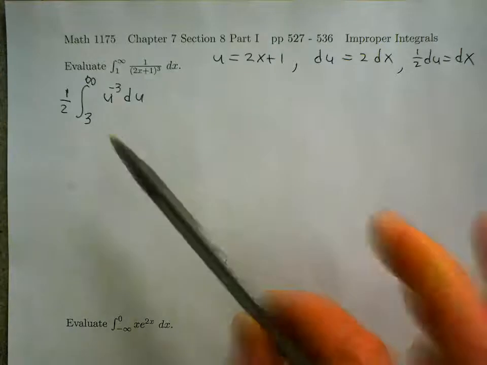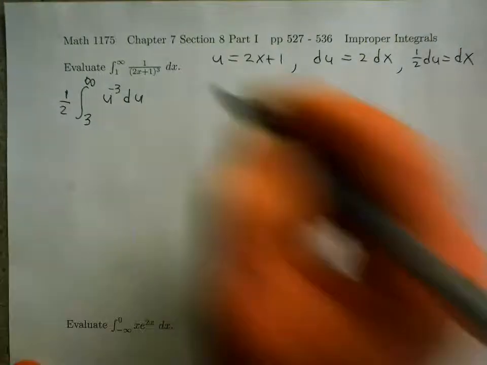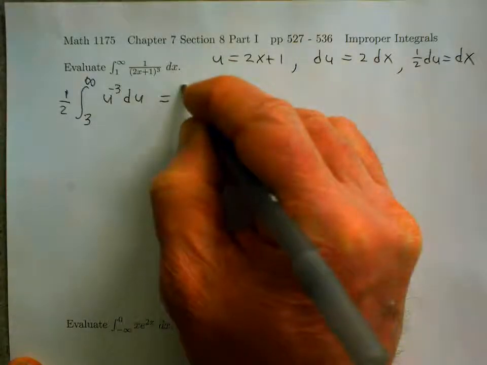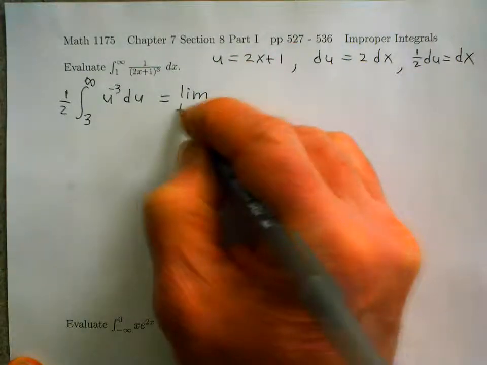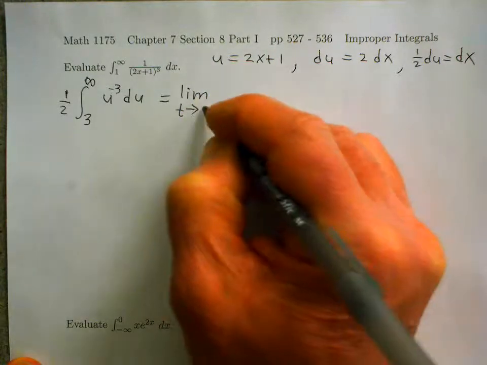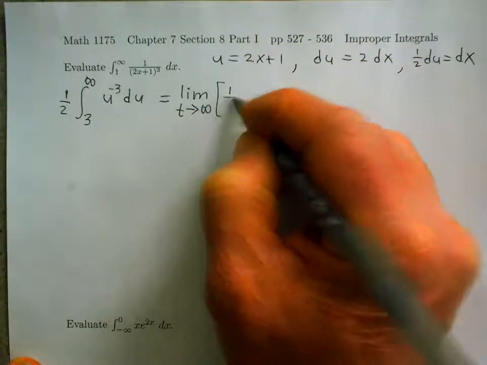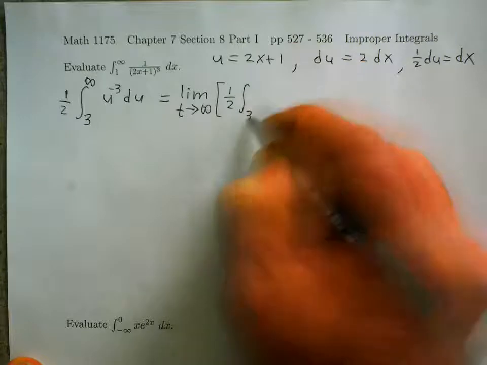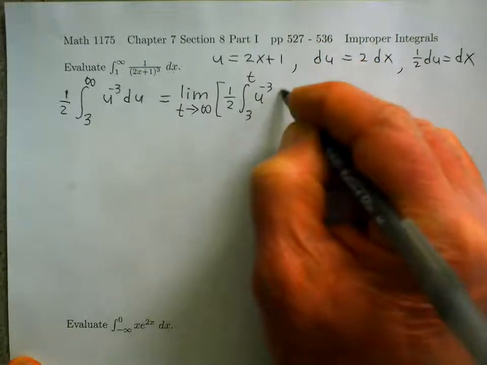Okay, so all we have to do is evaluate this improper integral. So we should write it as a limit as t approaches infinity of 1/2 times the definite integral from 3 to t of u to the negative 3 du.